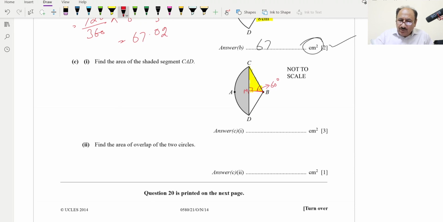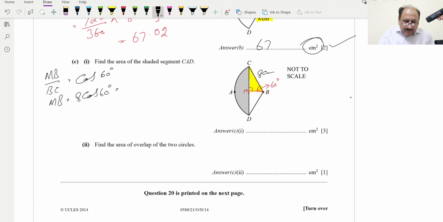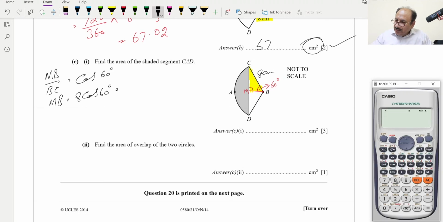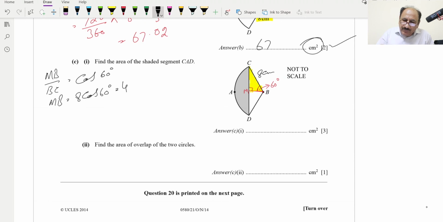So MB over BC is equal to cos of 60 degree, and BC is given, which is 8 centimeters, so MB is equal to 8 cos of 60 degree, and 8 cos of 60 degree will be equal to 4, so MB is 4 centimeters.